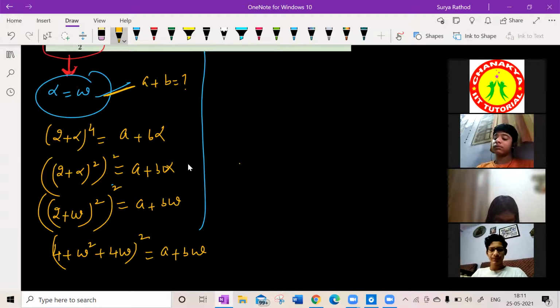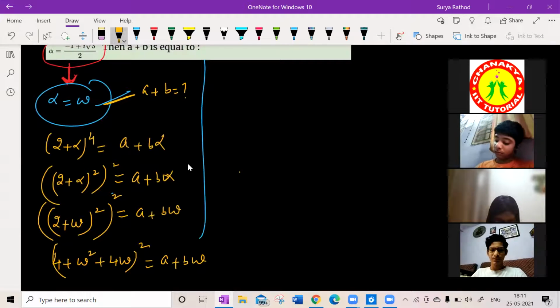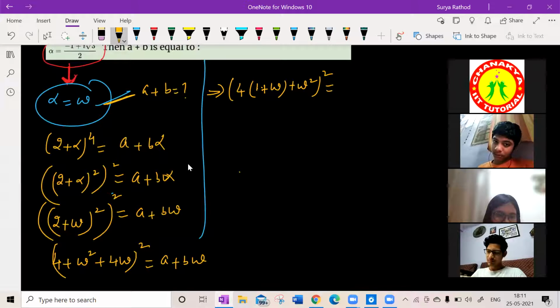Look at this here. Now what can I write? Let me write it on the side. Can I take 4 common inside? I could take 4 common. So what would I remain with now? (1 + ω²) whole squared. Don't forget to write the whole square, please. (a + bω).